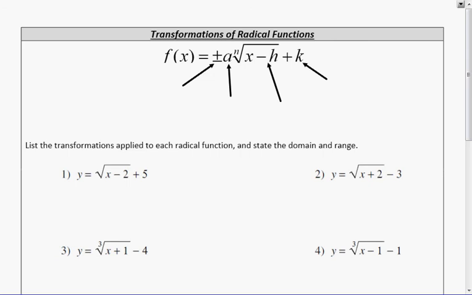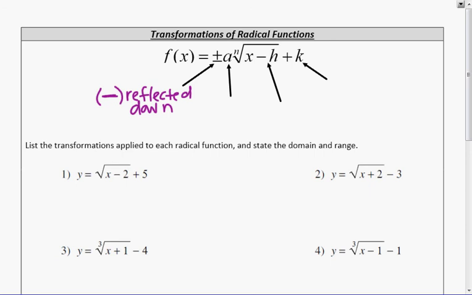So let's recall that when we see a positive or a negative sign, this tells us which way the function has been reflected. If we see a negative, we know that's been reflected down. When it's positive, that's the normal, where it's oriented upwards.